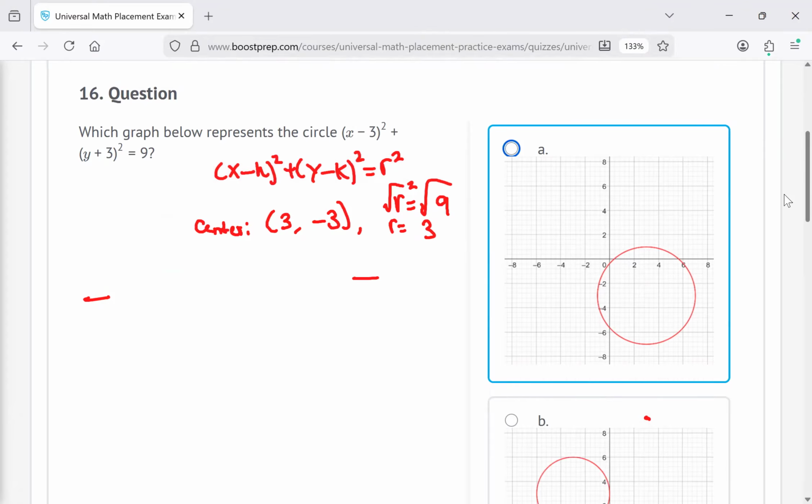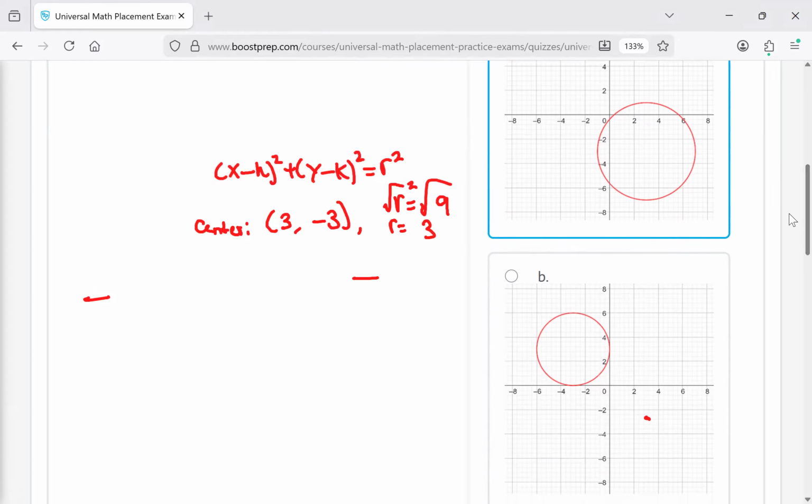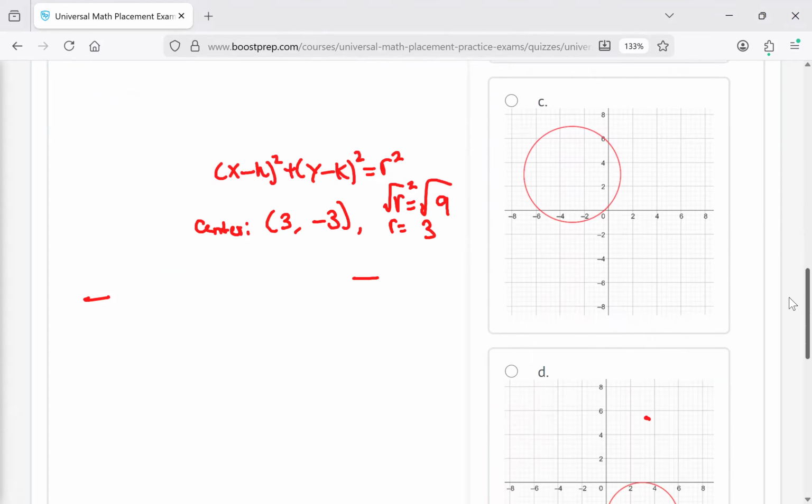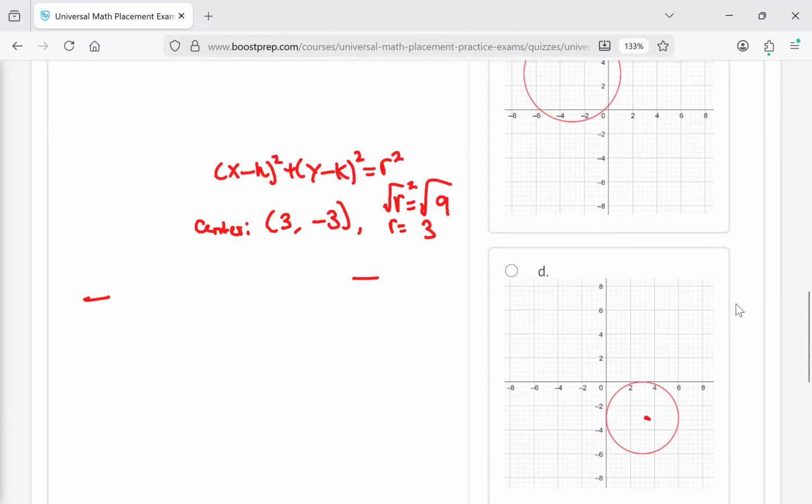Is it B? No, it doesn't have a center of 3 comma negative 3. Is it C? No, it doesn't have the correct center. Is it D? 3 comma negative 3. Ooh, that's hard. Okay, that might be it. So here's 3, here's negative 3, and then does it have a radius of 3? 1, 2, 3.